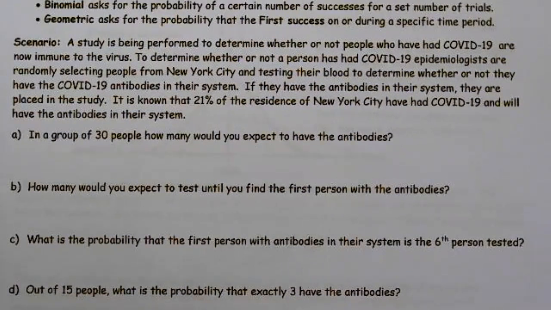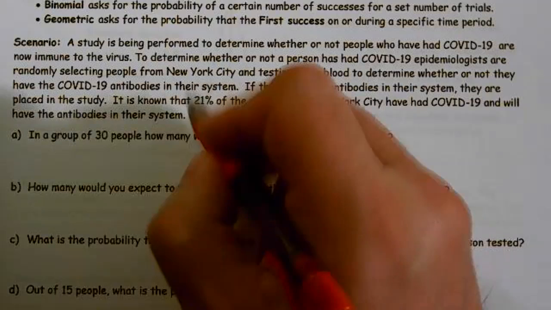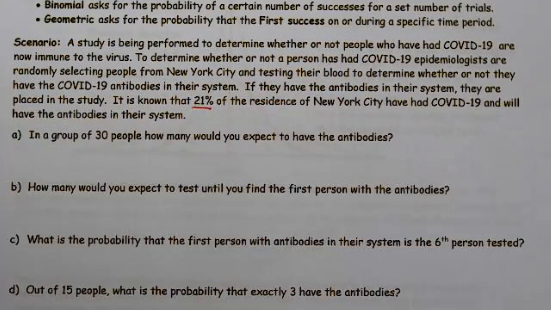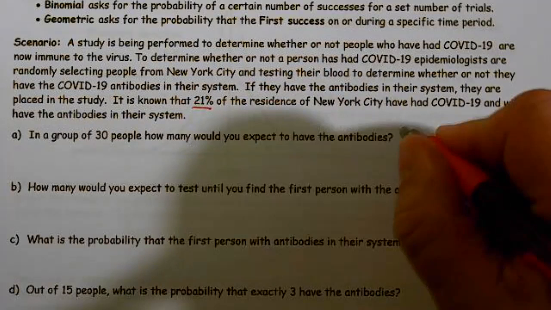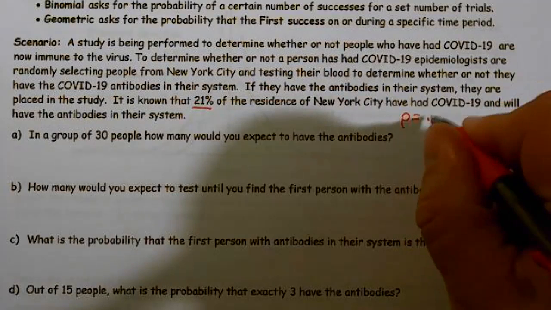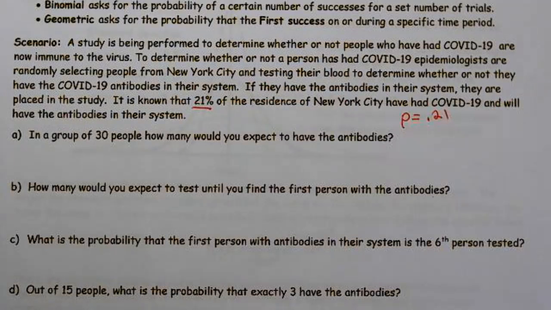If they have the antibodies in their system, they are placed in the study. It is known that 21% of the residents of the city have COVID-19 and have antibodies in their system. By the way, that's pretty accurate and a pretty current value. So this is kind of real world here.